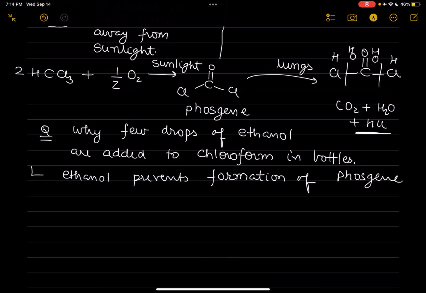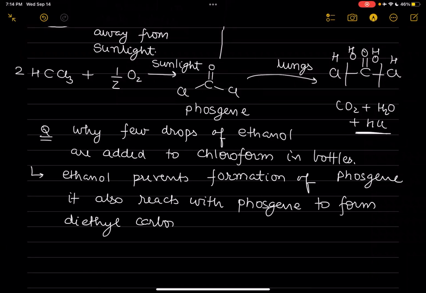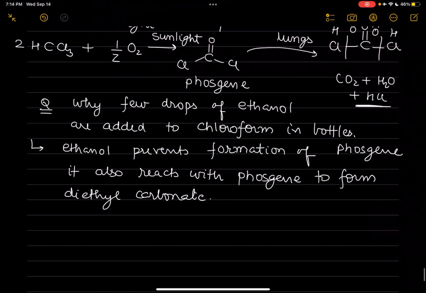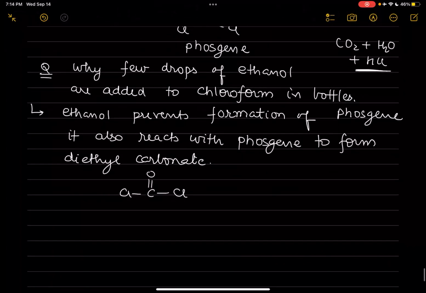Another thing is, suppose by chance some phosgene forms, then it reacts with ethanol, which is C2H5OH.